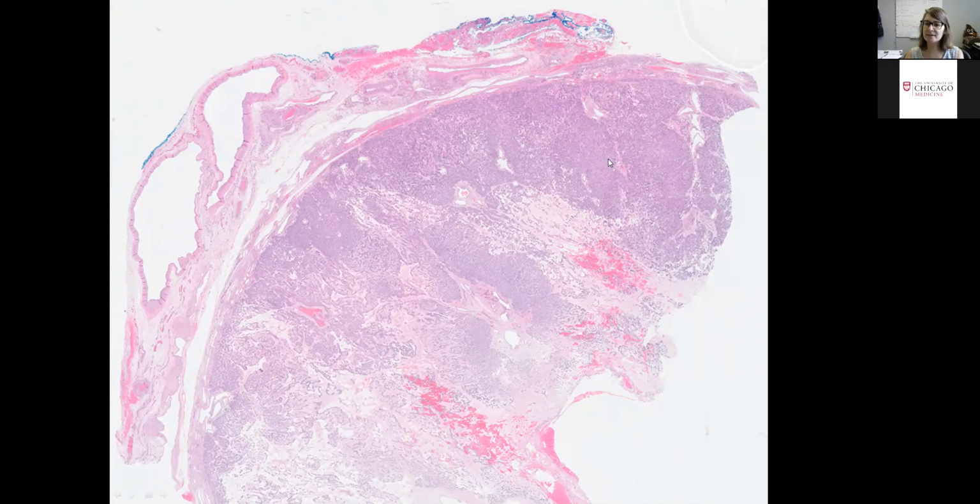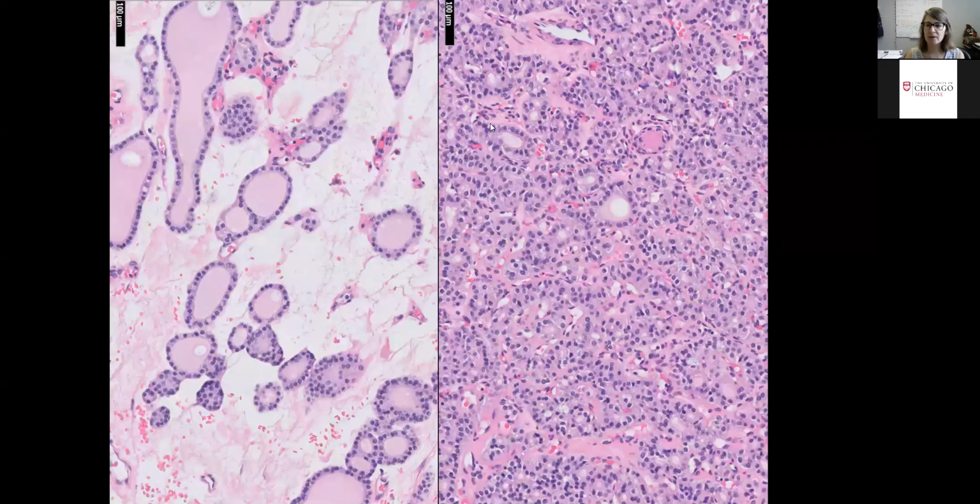So here is the histologic correlate of that. On a 1x view of that slide, what I saw was a nice compressed rim, in this case of vascular and fibroadipose tissue, and then a nodule with a large arc, right? And then on higher power, you see multiple small follicles with small round nuclei.